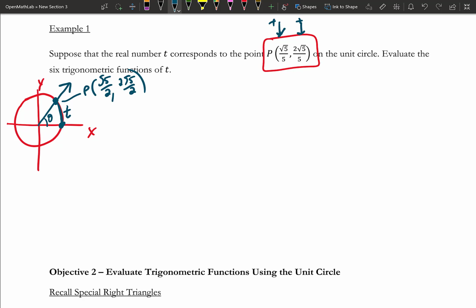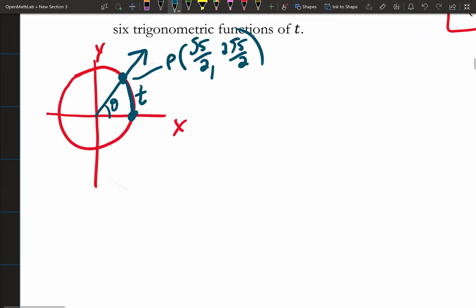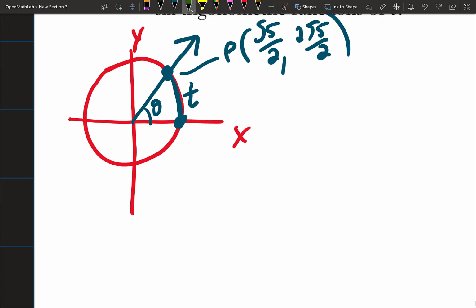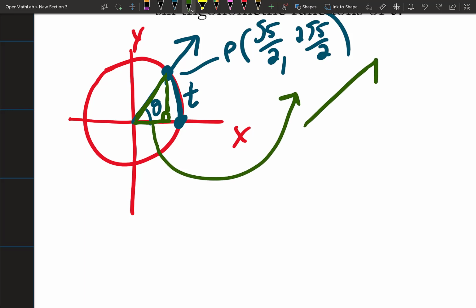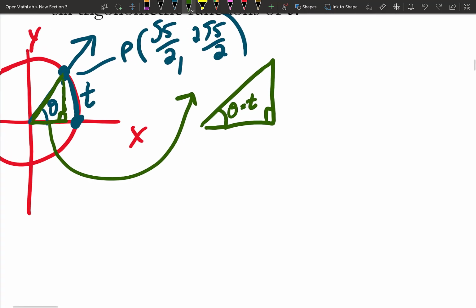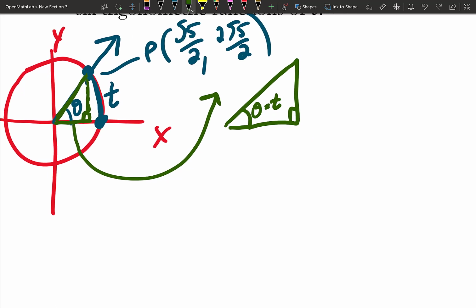Right? So if I zoom in here, I make this into a right triangle and pull this apart, then this angle is going to be theta, which remember is the same thing as t. We said theta equals t. Then this part here is going to be the x coordinate, which is radical 5 over 5.